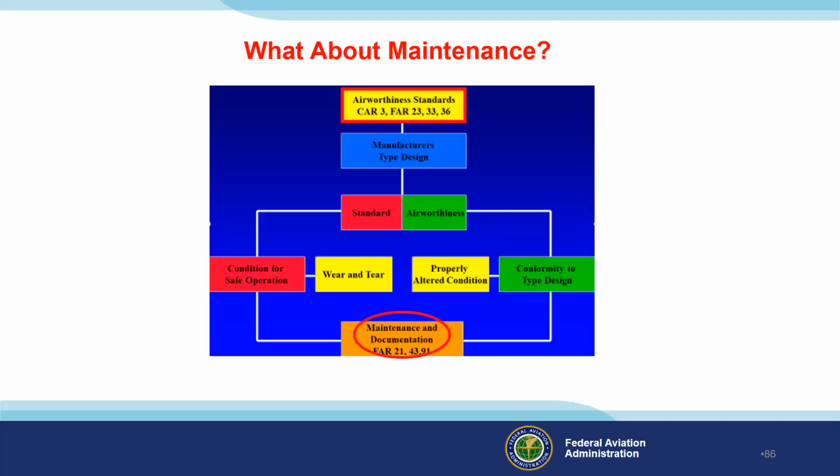So what about maintenance? It's on our chart. Unless the aircraft is properly maintained in accordance with Part 91 and 43, it is not airworthy. So an important part of this element is your documentation. Remember that maintenance actions are intangible after the fact.